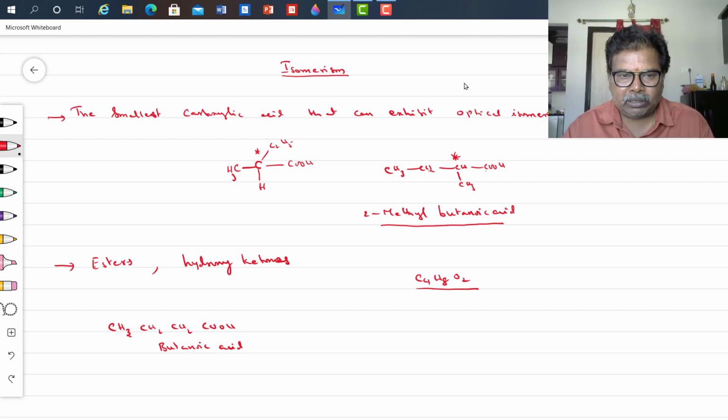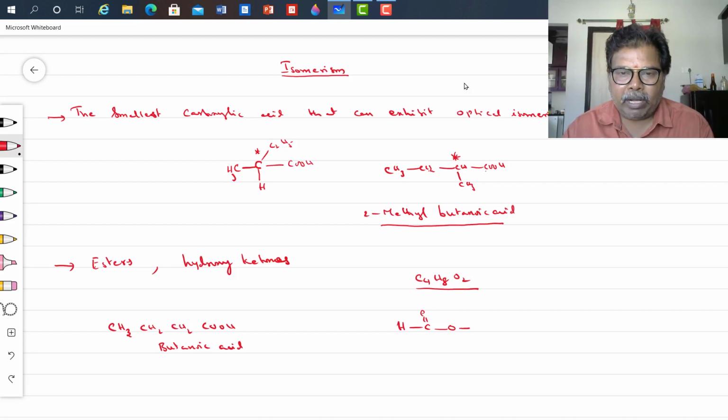So, I wrote carboxylic acid already, butanoic acid, C4H8O2. We can write the esters also. How many esters are possible? See, HC double bond O, O. So I am taking first formic acid, HC double bond O. This is formate.